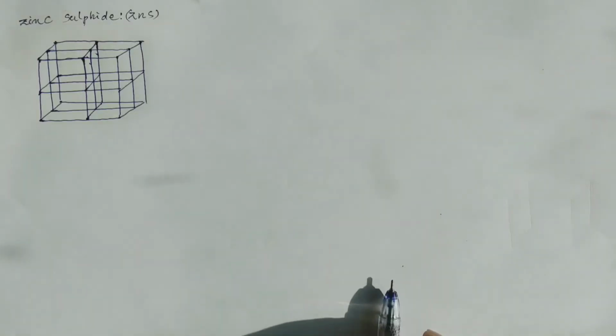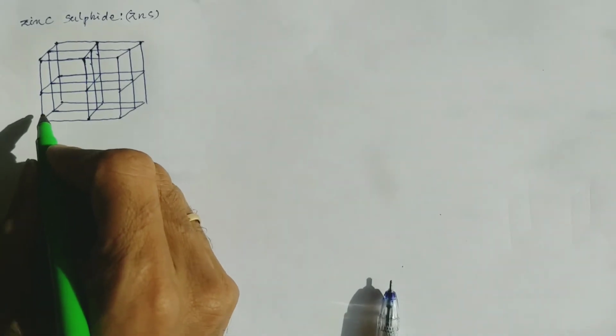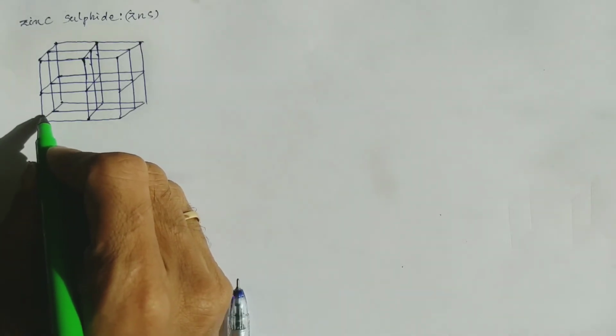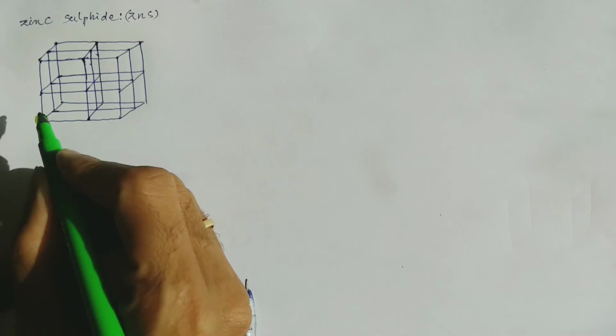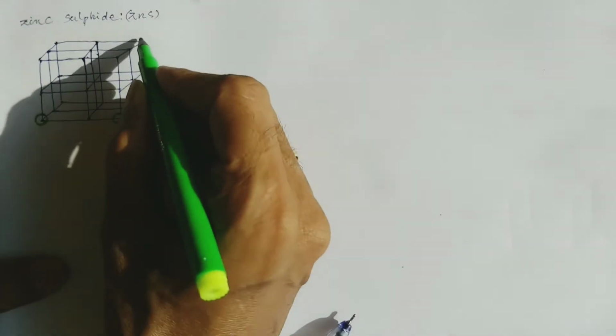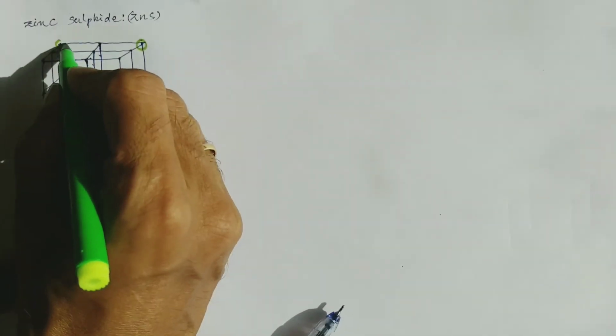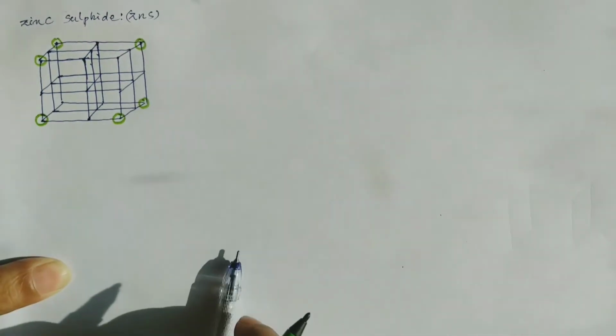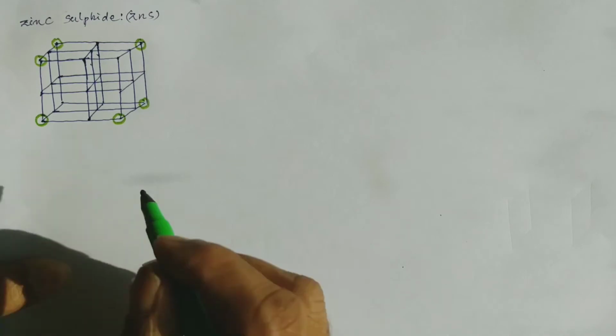So the zinc ions here occupy tetrahedral voids, whereas the sulfide ions create FCC structure. So sulfide ions are present in the corners. And also on the faces.